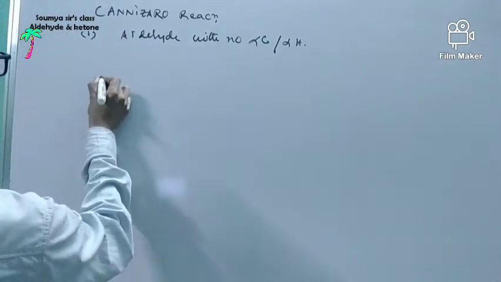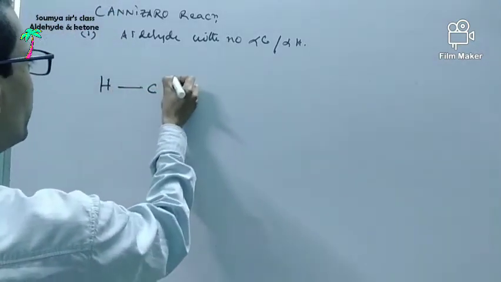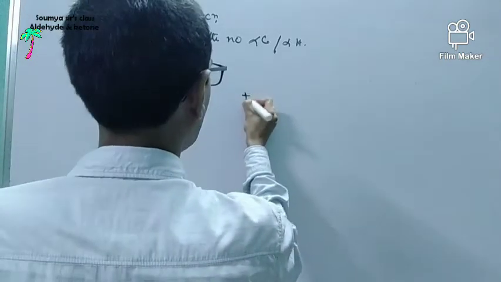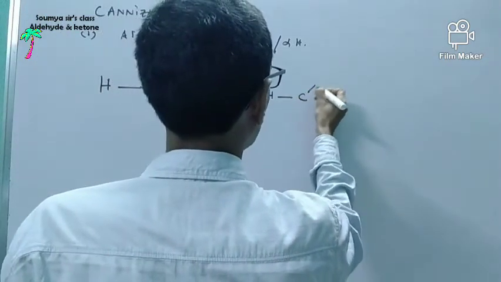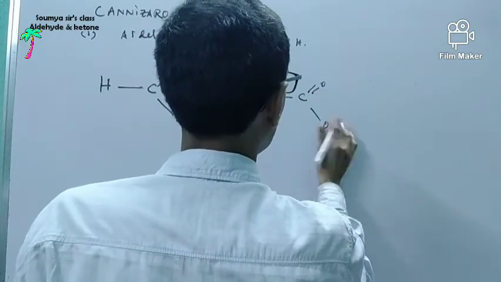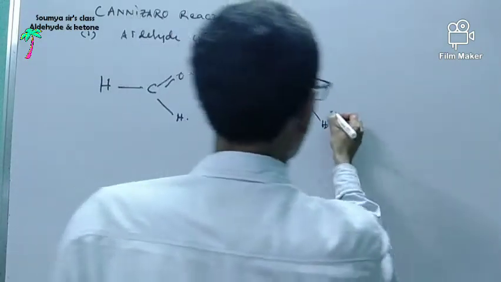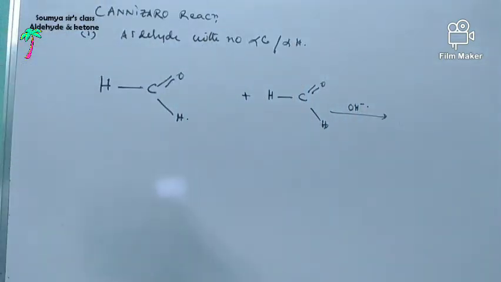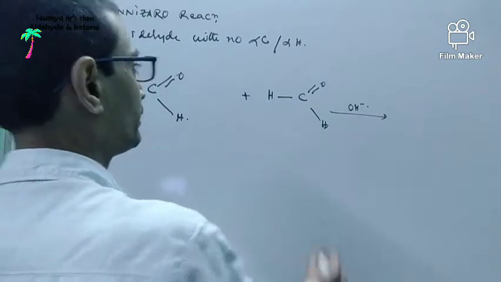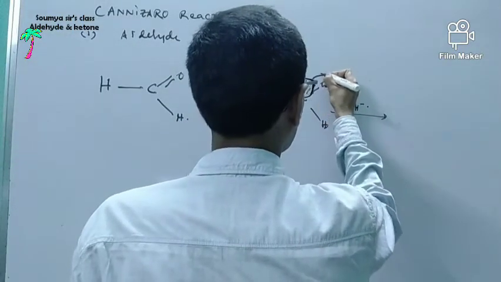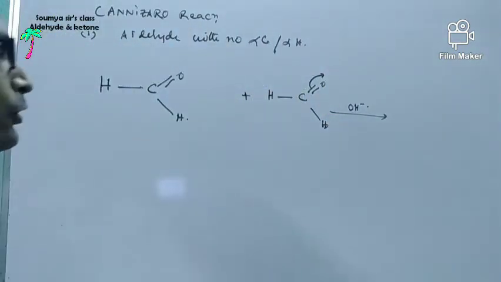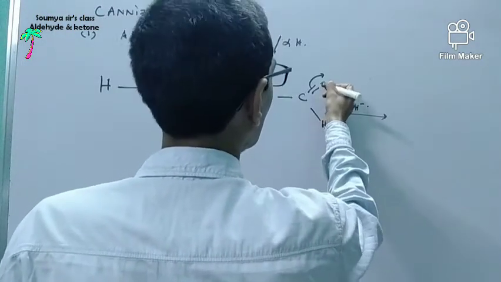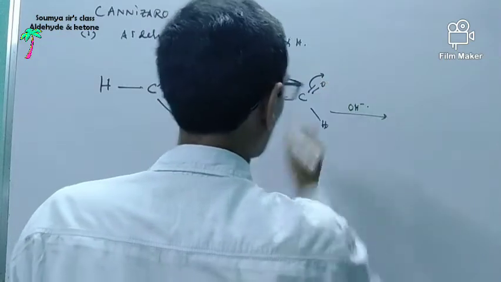How? Let us consider formaldehyde. One formaldehyde reacts with another formaldehyde in basic medium, that is alkaline medium. At first, we have to know that due to resonance, the pi electron comes over oxygen and the carbon stands with a single bond to oxygen.